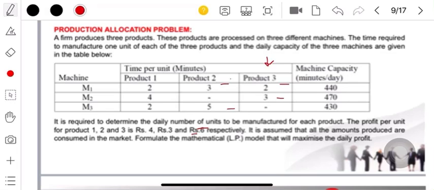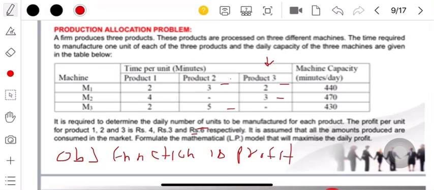So what we need to do is that the objective function is clear. So what is the objective function? Objective function is profit. Okay, objective function is profit. So we want to maximize that profit.